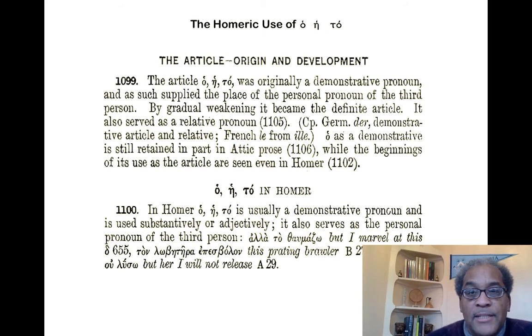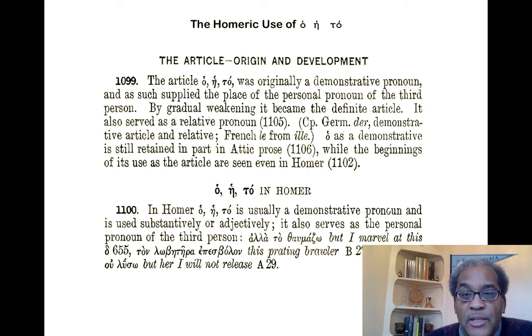So here, as I said, the Homeric use of ho, he, to is somewhat different. Writing from the Attic perspective, Smyth writes at 1099, the article ho, he, to was originally a demonstrative pronoun, and as such supplied the place of the personal pronoun of the third person.